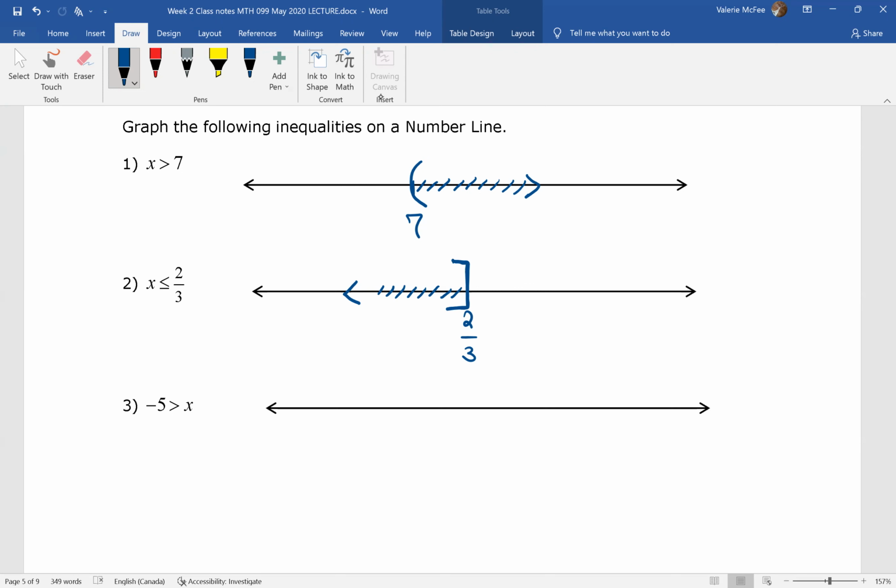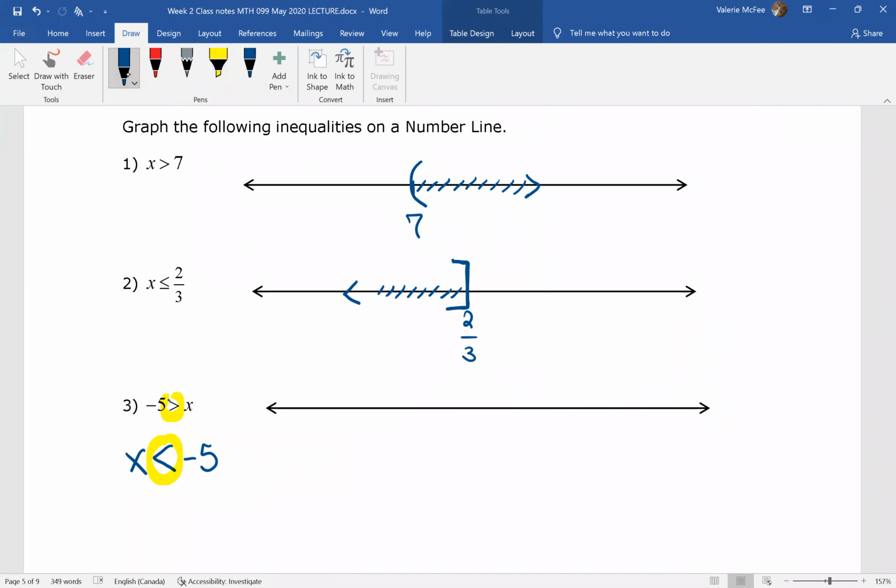The next one's tricky. We like inequalities when X is on the left and our value is on the right. But what happens when I change this around? I actually have to switch the sign as well. So be careful about that.